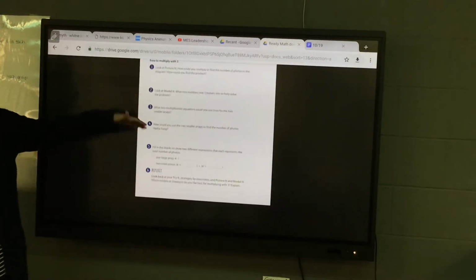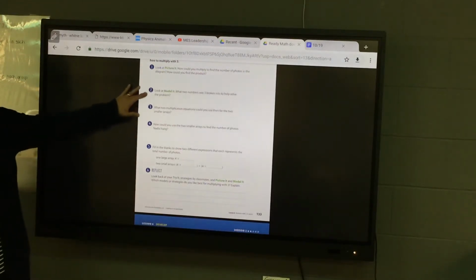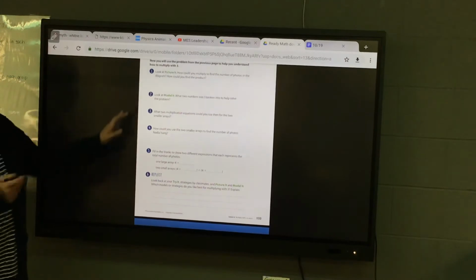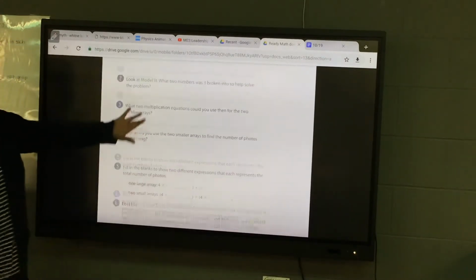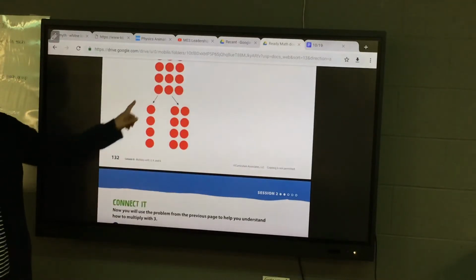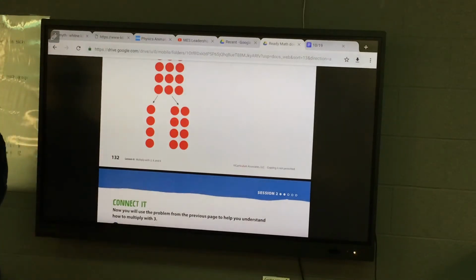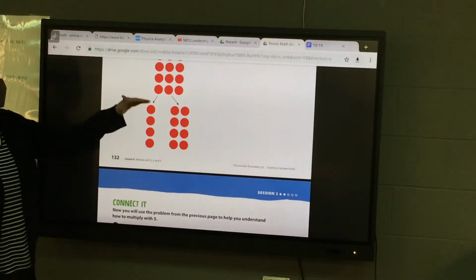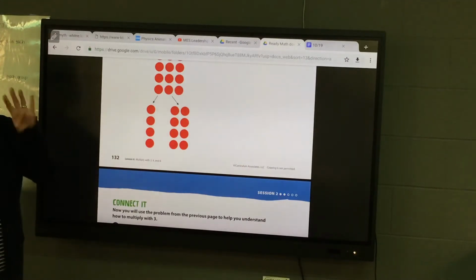Now for number 3, what 2 multiplication equations could you use then for the 2 smaller arrays? So looking at this first array, what would our multiplication equation be? How many rows are there? 4. 4 rows.